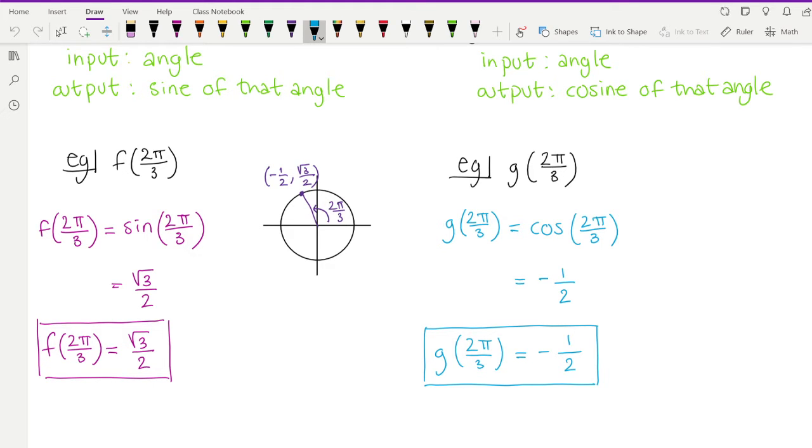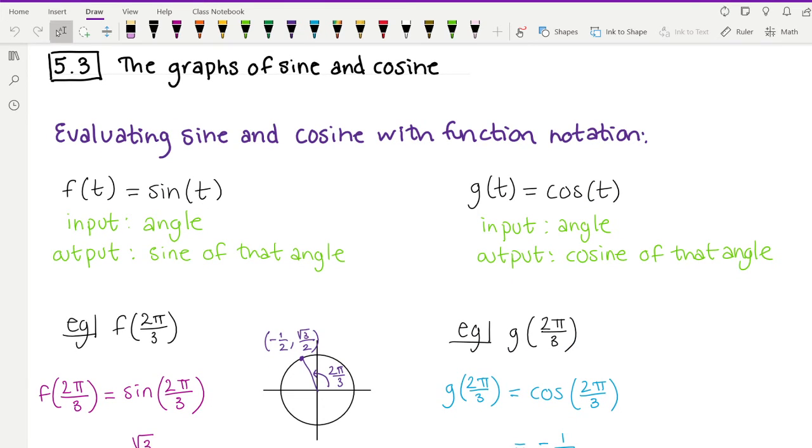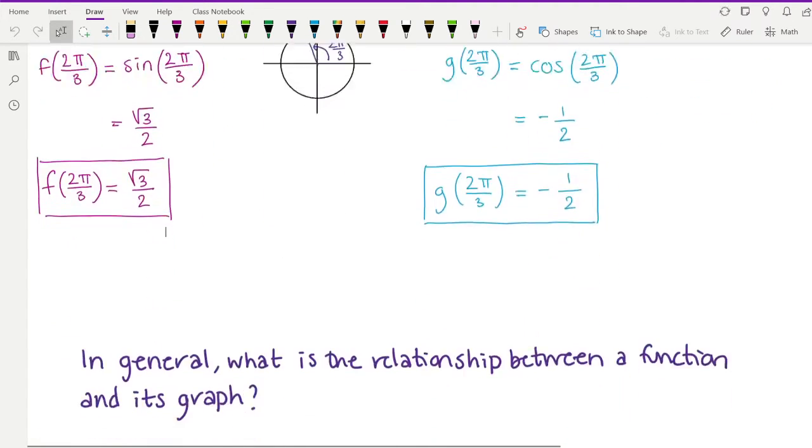Okay, so now I want to talk about what is the relationship between a function and its graph, right? Because the goal of this video is to sketch the graphs of these two functions, f of t is equal to sine of t and g of t is equal to cosine of t. So in order to answer that question, I actually want to look at a much simpler example of a function, just to remind you in general what the relationship is between a function and its graph.